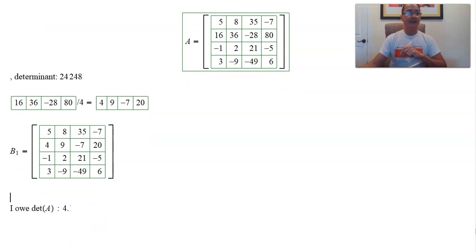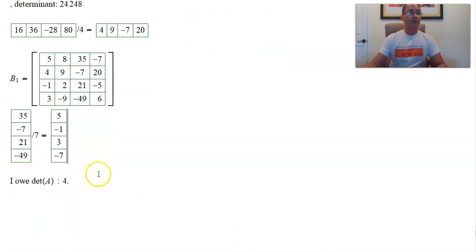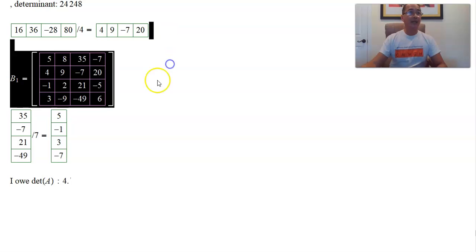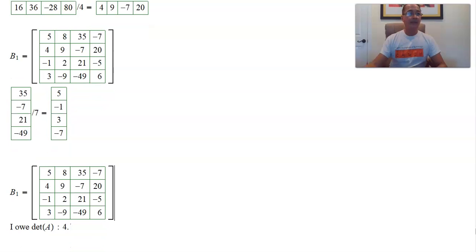So next, let us scale column 3 by 7. Let's take this and divide everything by 7. And we get, again, much smaller numbers. So I will get a new matrix, B2. B2 will be B1 with column 3 changed.